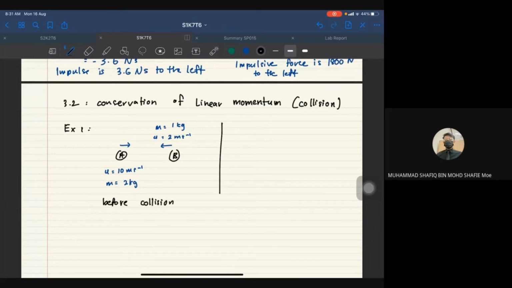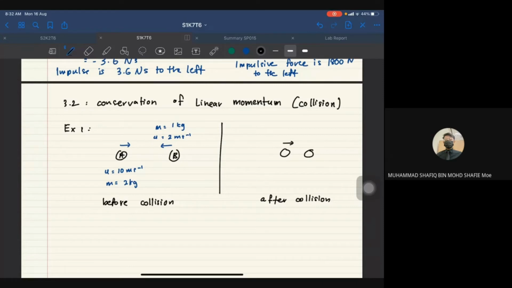Okay, normally in your question they will give you in sentence lah, and you have to redraw the situation. For me, I would personally draw it like this: before the collision and after the collision. So normally student dia tak lukis before and after. Instead dia just buat arrow. Arrow dia ada lukis satu je, dia tak bezakan before and after. So end up dia confused. So let's say after collision, ini pun maklumat, this one we get from the question itself.